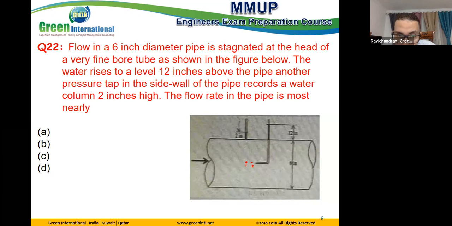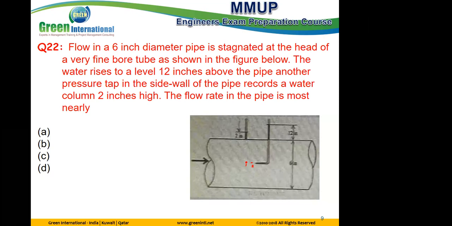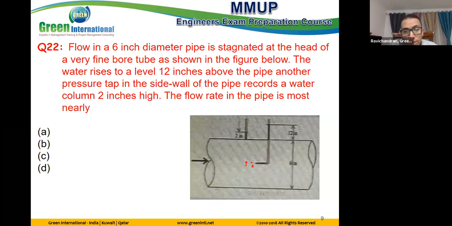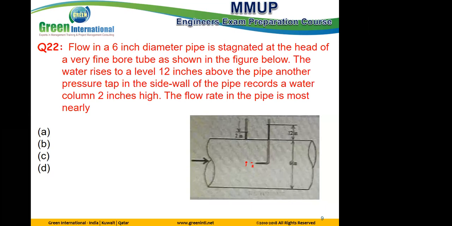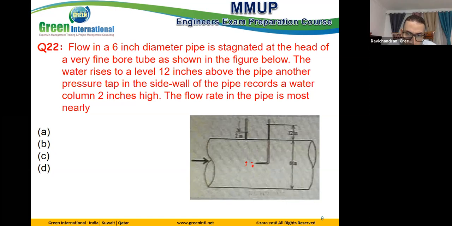No, we don't have different diameters. This is the same diameter, used to measure 6 inch. The diameter of the small pipe has only a very small effect.